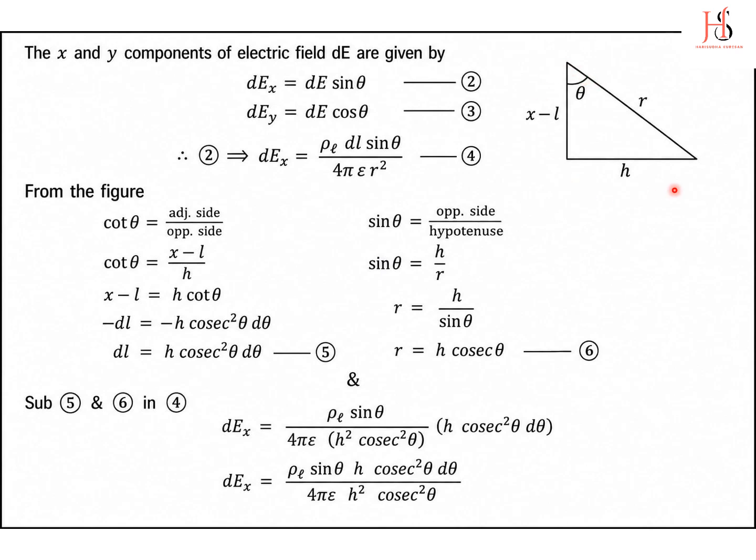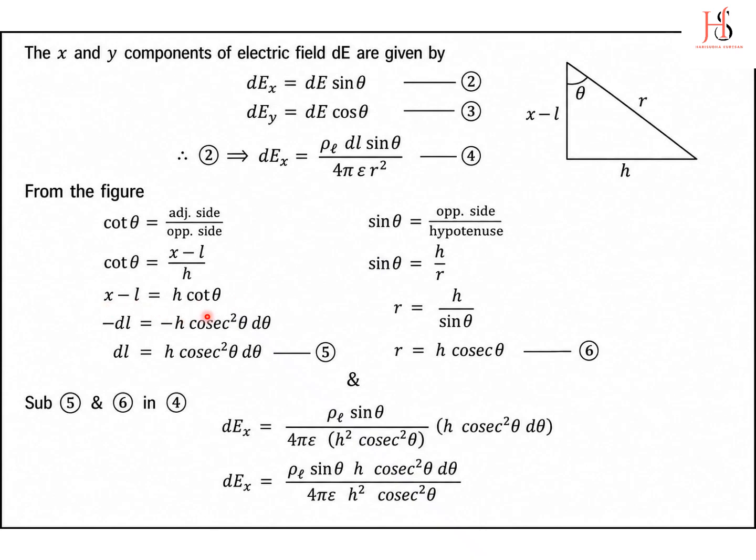Now from this triangle we are going to find cot theta. Cot theta is nothing but adjacent divided by opposite side. As per this triangle, the adjacent is x minus L and the opposite is h. Rearranging, we get x minus L is equal to h into cot theta.